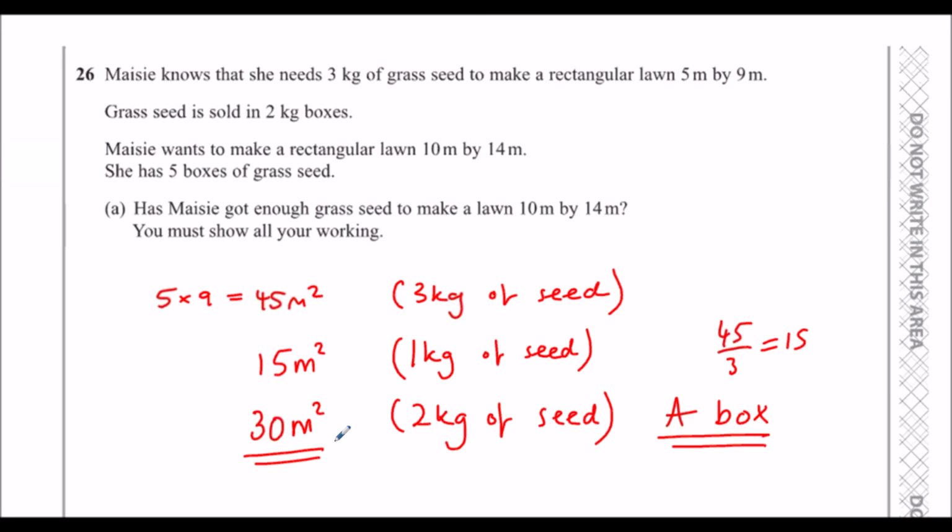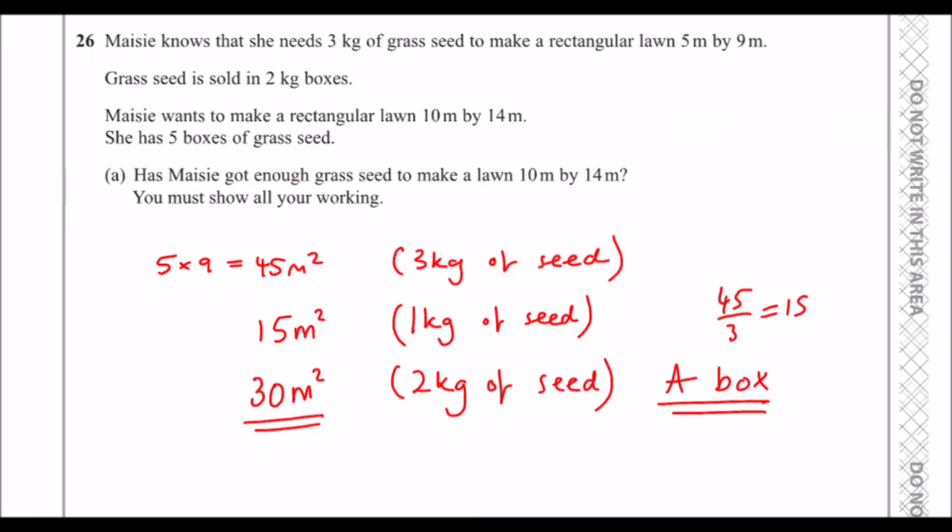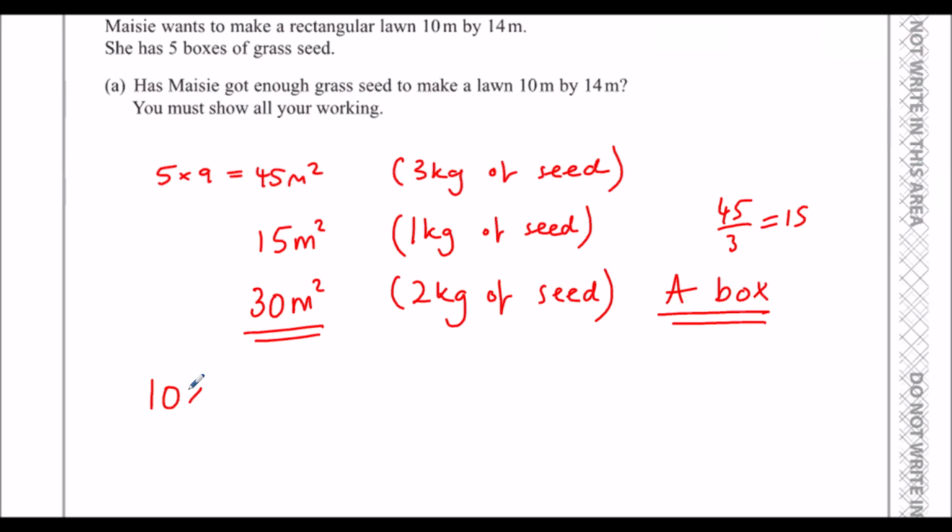So Maisie wants to make a lawn 10 by 14 meters. 10 times 14 is 140 meters squared. So how many boxes does she need?